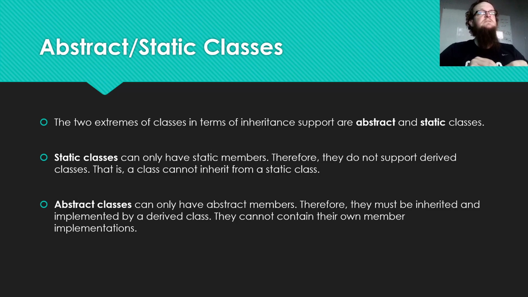What this means is that an abstract class not only can provide virtual methods that are overridable, they have to be overridden or they will not have an implementation at all. So somewhere in the middle are regular sort of base classes that might have some static methods, but they also will have some virtual methods that can be overridden, but it's not a requirement that their derived or children classes override that behavior.